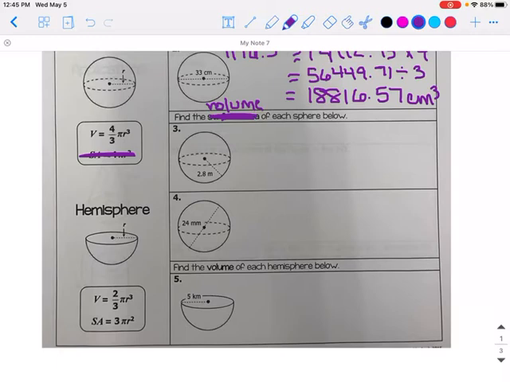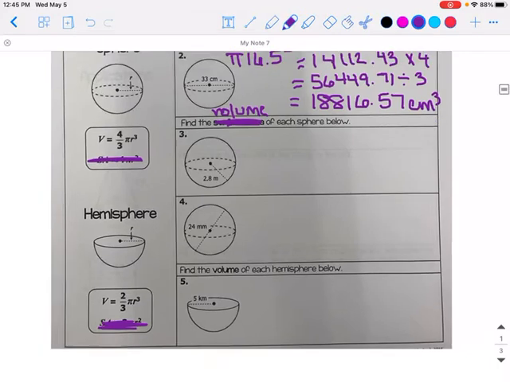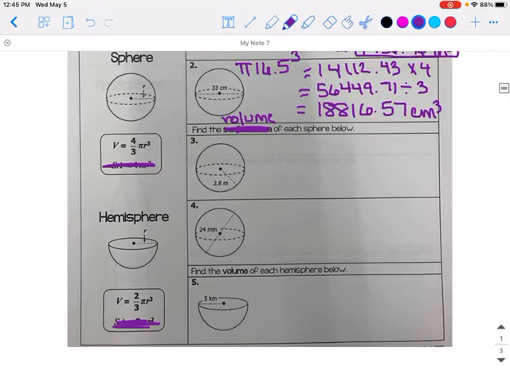I'm going to move on to the volume of the hemisphere at the very bottom. Again, I'm going to cross out that formula because we don't need that right now. Hemisphere is very similar. The only difference, instead of timesing by 4 at the end, we're going to times by 2. Okay, so we're going to continue on with our pi r cubed.